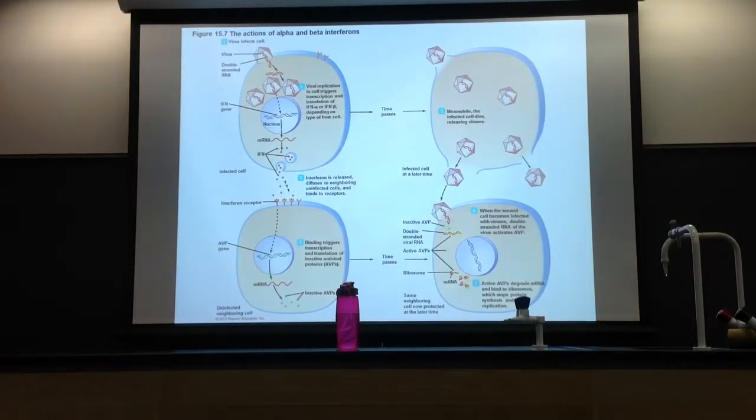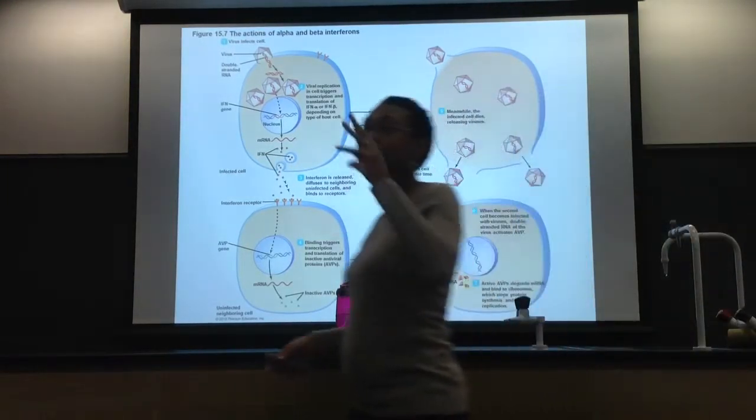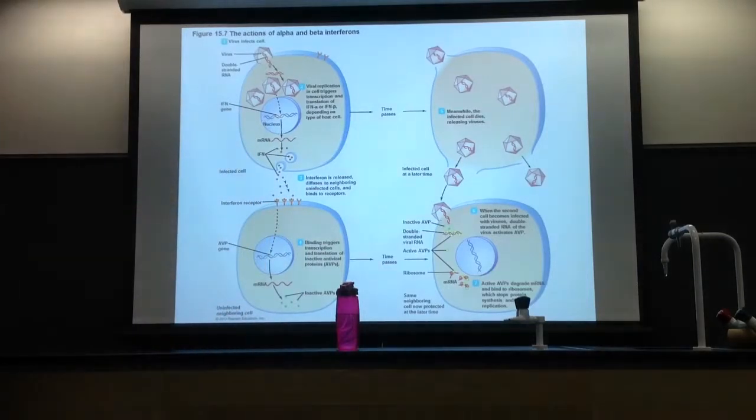So shouldn't we stop that process? Shouldn't we stop viral translation? That is exactly what you are doing when you make antiviral proteins. You stop translation as well as transcription. You stop both processes. You stop transcription, which is basically making mRNA, and you stop translation, basically making mRNA into protein.